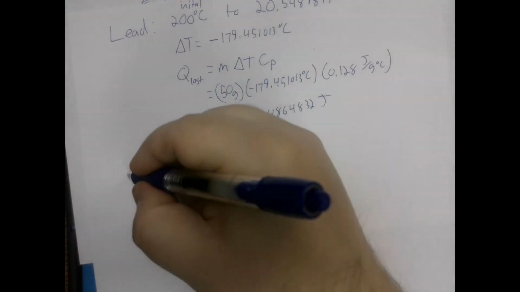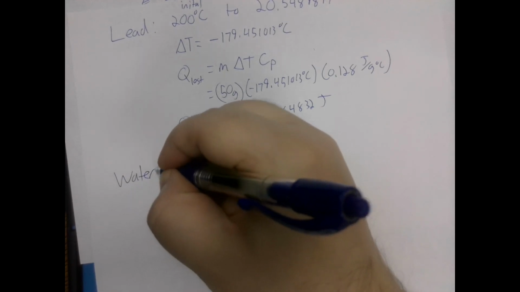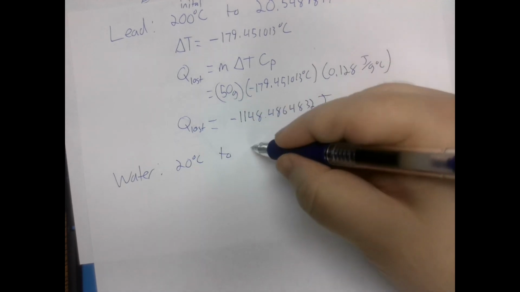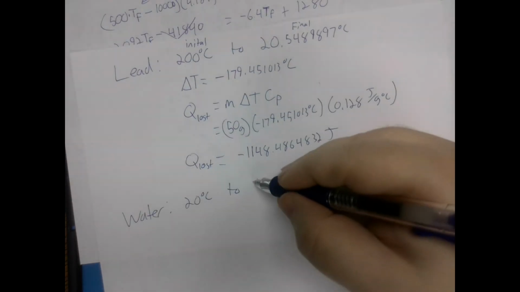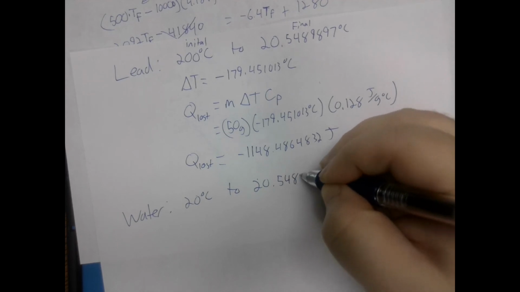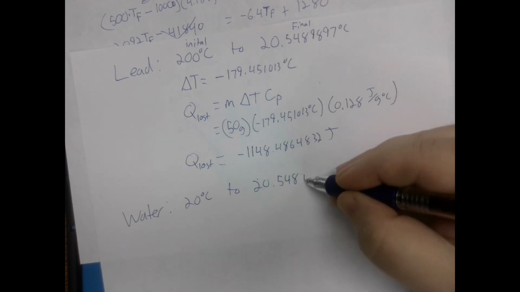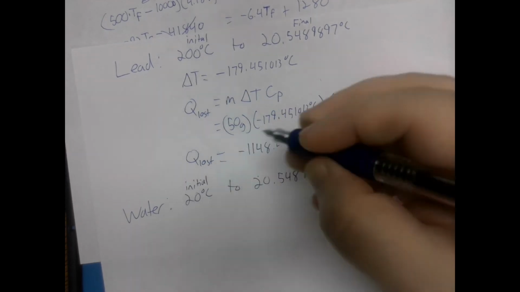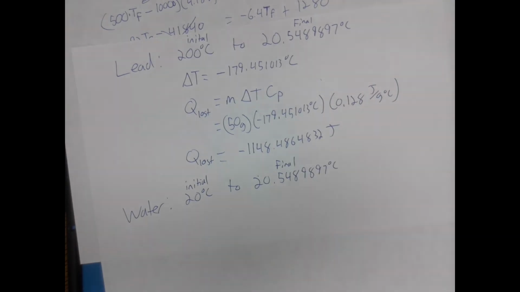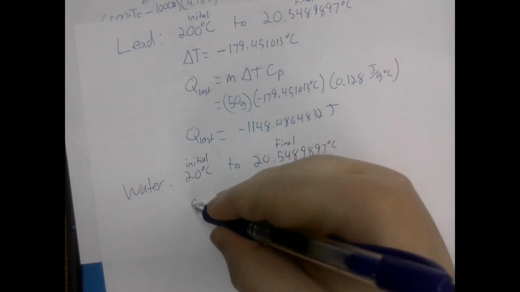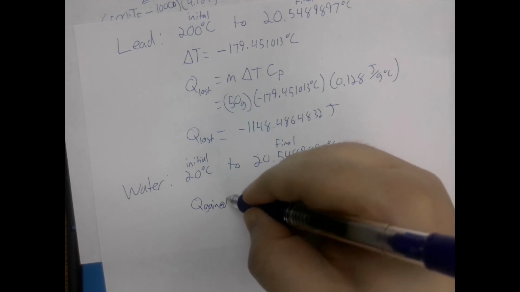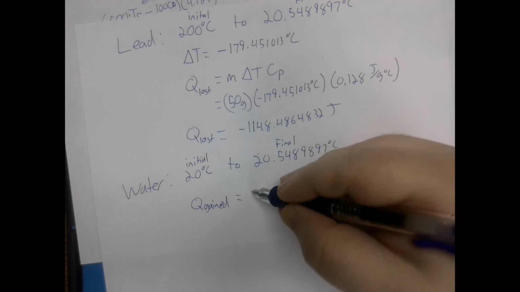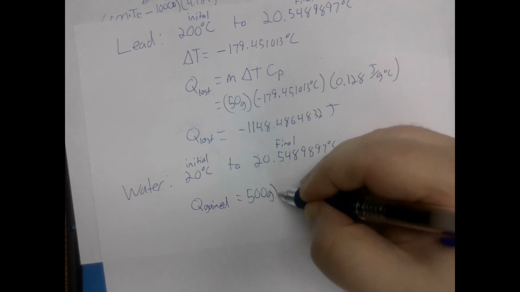Let's look now at water. Water went from 20 degrees Celsius to 20.548897 degrees Celsius. This is its initial, this is its final temperature. So doing the same thing, the heat gained by the water would be equal to its mass. Its mass is 500 grams.